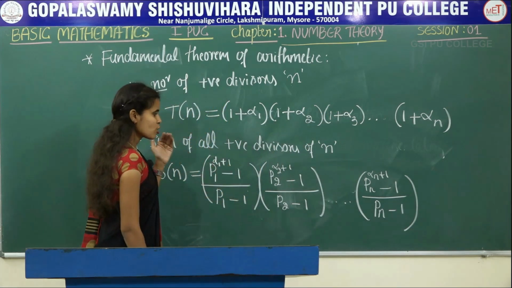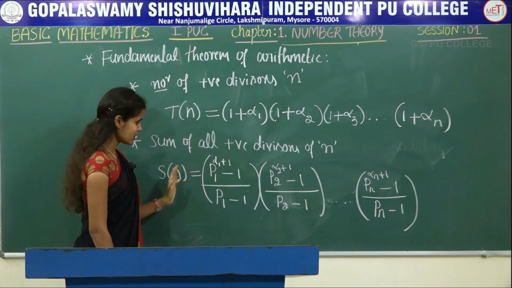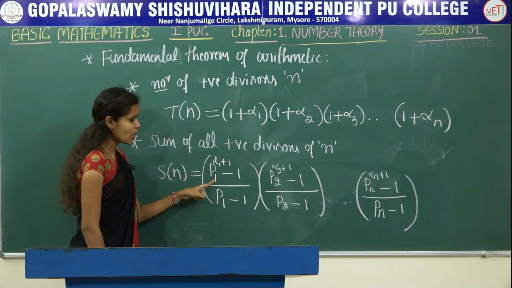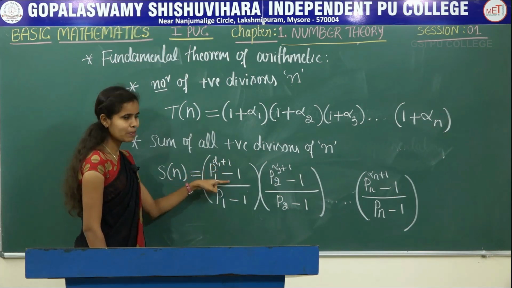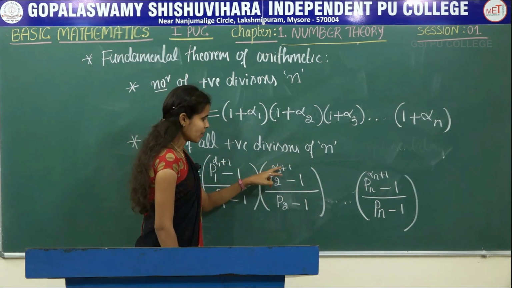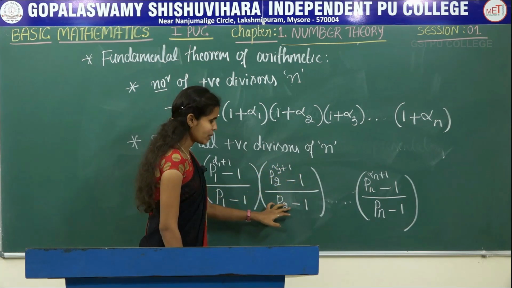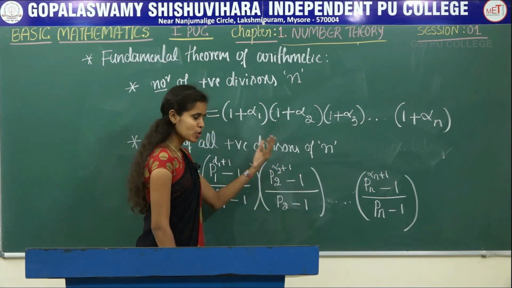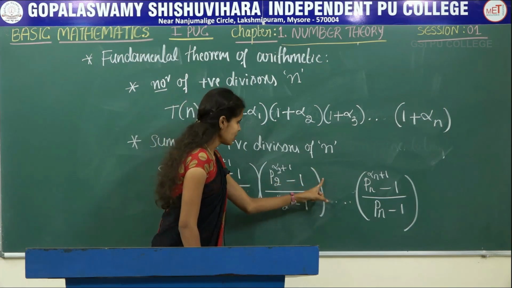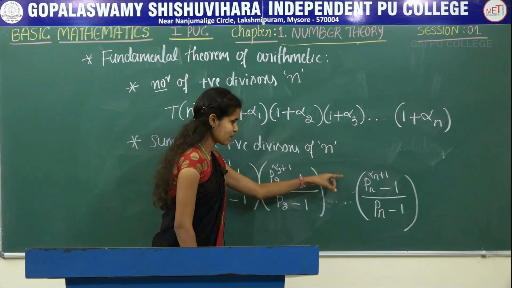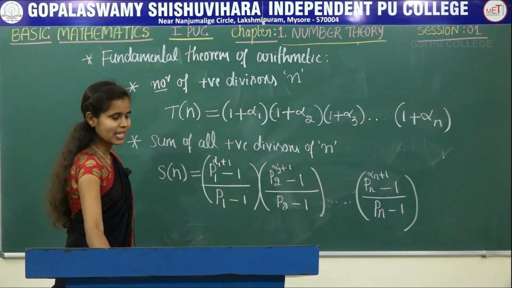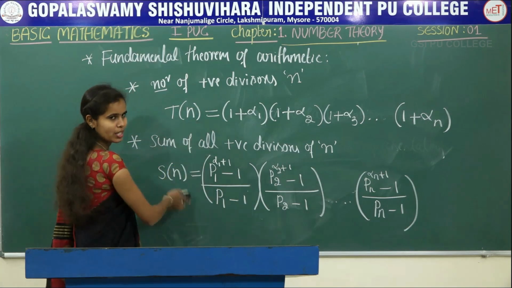Similarly, with two prime numbers, S of n is equal to (p1 to the power of alpha 1 plus 1, minus 1) divided by (p1 minus 1), into (p2 to the power of alpha 2 plus 1, minus 1) divided by (p2 minus 1). With three prime numbers, there is one more term, (p3 to the power of alpha 3 plus 1, minus 1) divided by (p3 minus 1). Next, let us discuss some problems using these two formulas.